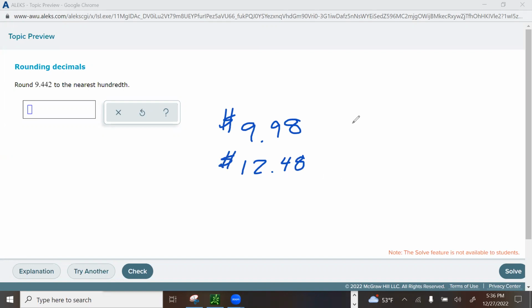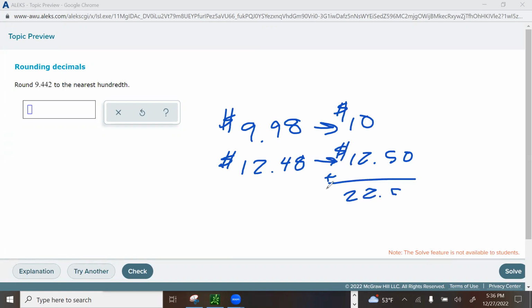I'm just going to say, well, that's about $10, and that's about $12.50. $10 and $12.50. It's about $22.50. Close enough. Plus, they're going to add on tax, so it's not even going to be exactly $22.50 or exactly whatever this was when you add it up. So estimating is very useful.